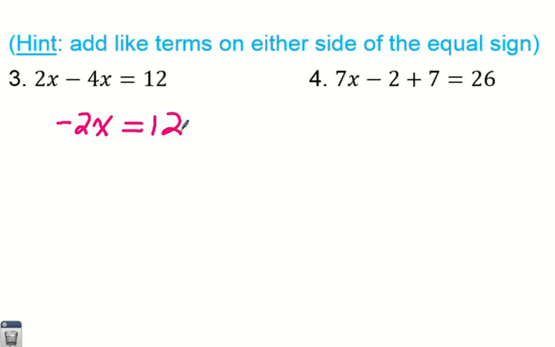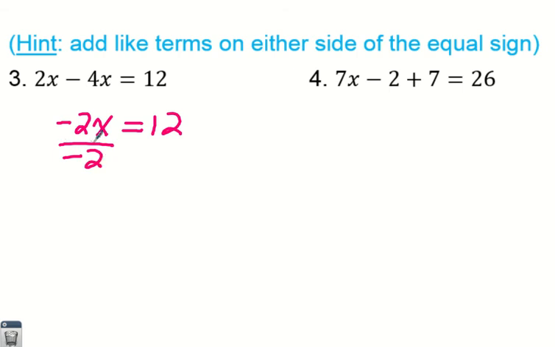So what do we do with this? Well, now we can really get back to getting x by itself. And the only thing to do to get x by itself is to get rid of that minus 2. And it's minus 2 times x. And how do we undo multiplying by negative 2?